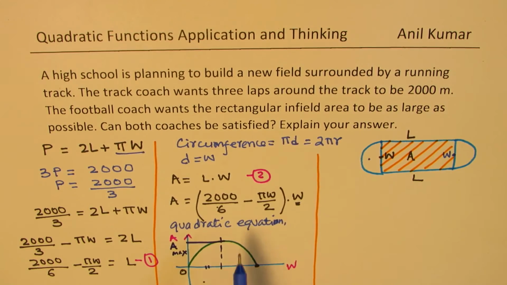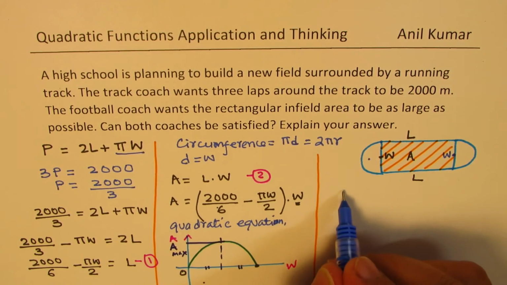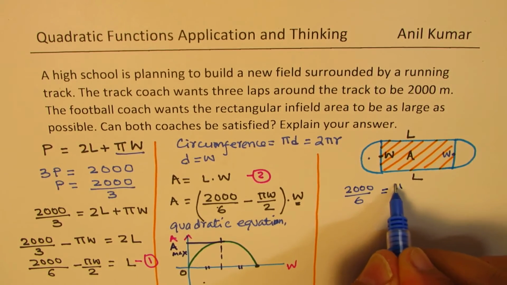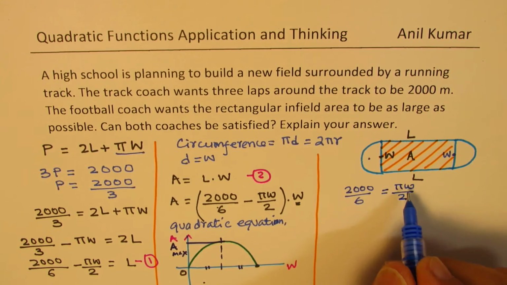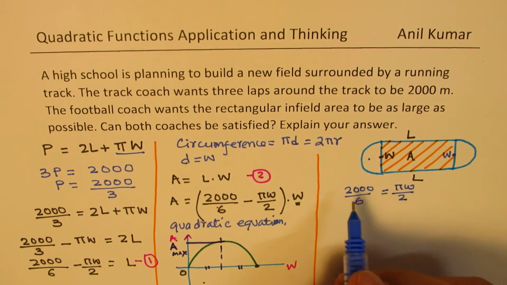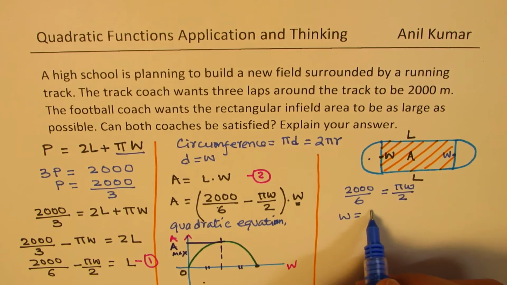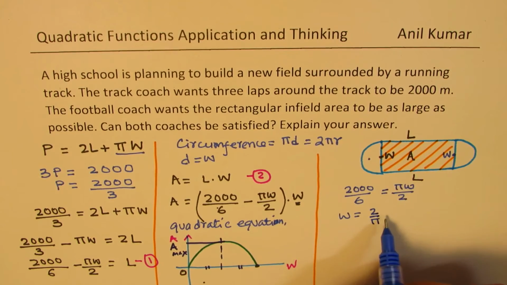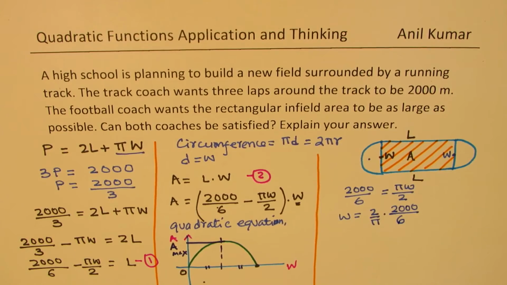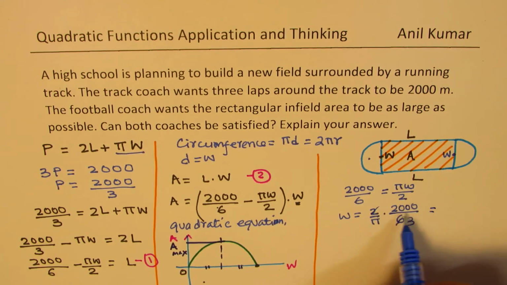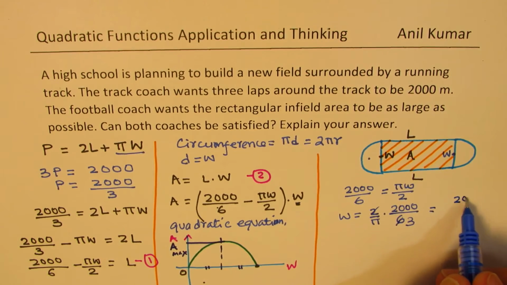So let's find the other 0. 2000 over 6 should be equal to pi W over 2. So from here we can write W as 2 over pi times 2000 over 6. Dividing this by 3, we get 2000 over 3 pi.